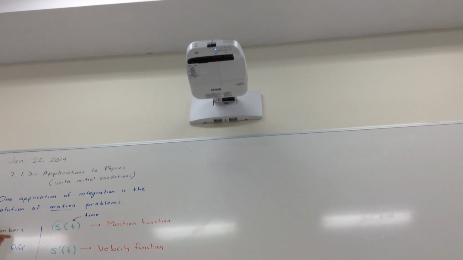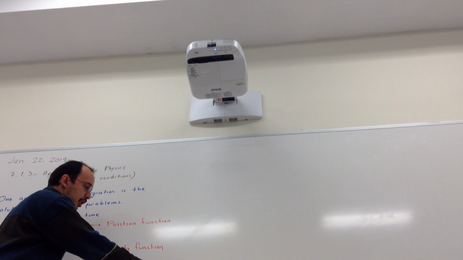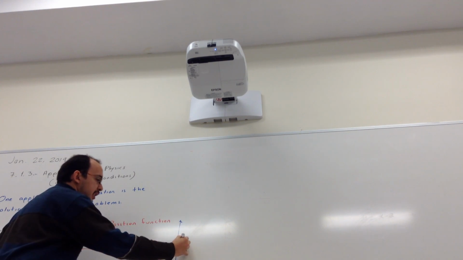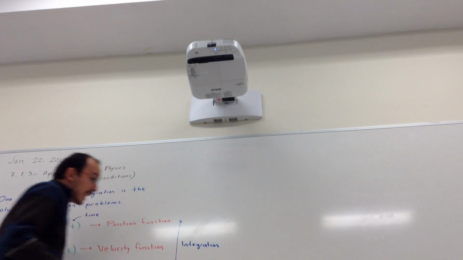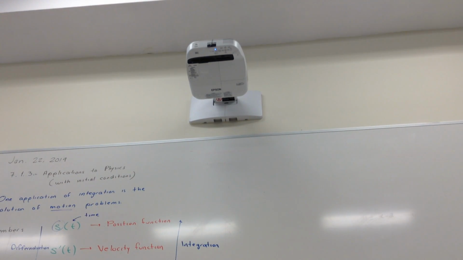That is derivative. By the way, in case you don't remember, the process of finding a derivative is called differentiation, not derivation. In English, we don't say derivation, it's called differentiation. And the inverse process, if we have acceleration, is the integration process, or anti-differentiation. Okay?